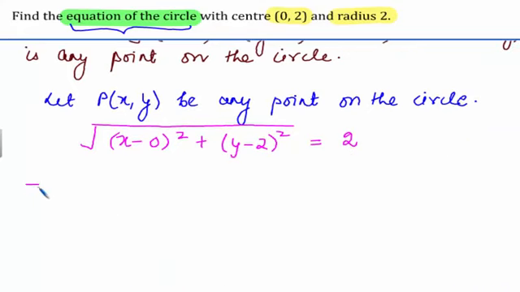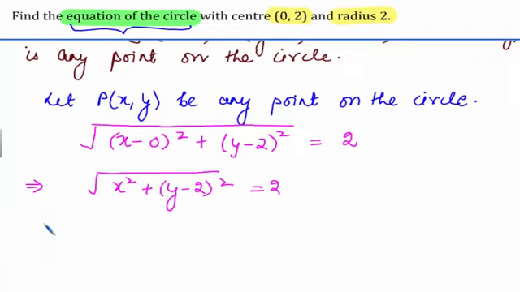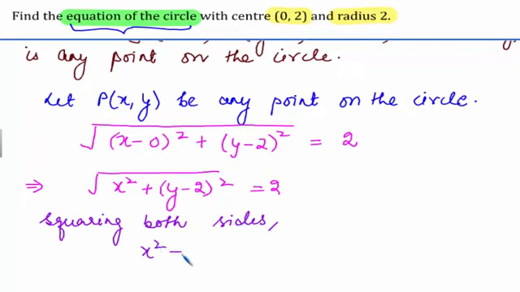Now simplifying it further to get the equation of the circle, we have square root of x square plus (y minus 2) whole square is equal to 2. Now squaring both the sides, on the left hand side we get x square plus (y minus 2) whole square is equal to 2 square.